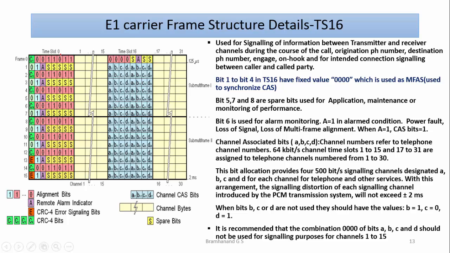So time slot 16 is basically for signaling information. Whenever we have a word 0 0 0 0 in the bit number 1 of time slot 16, this will indicate that it is the multi-frame alignment signal, right?